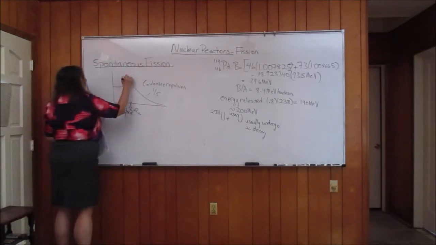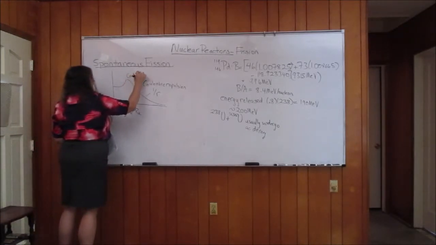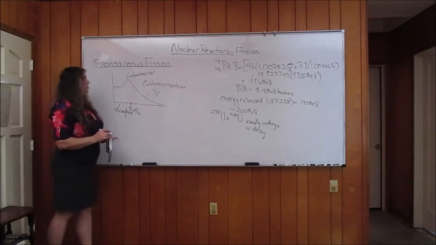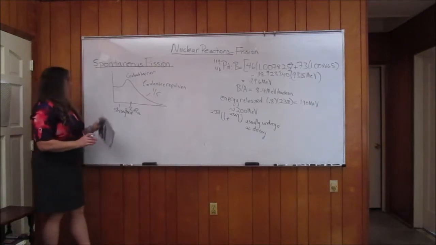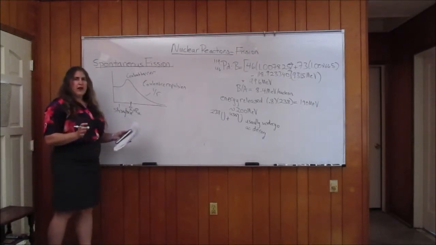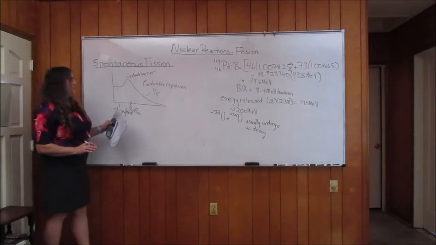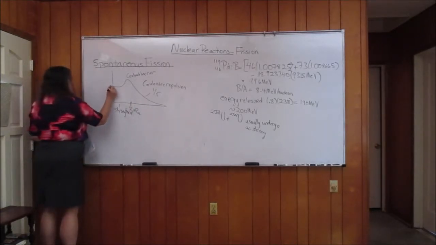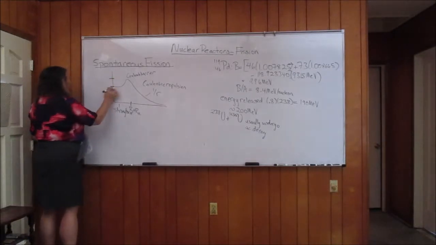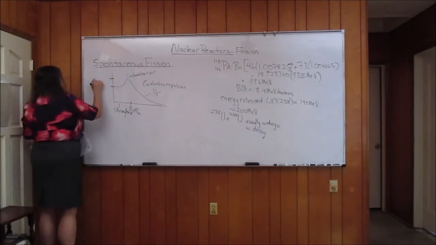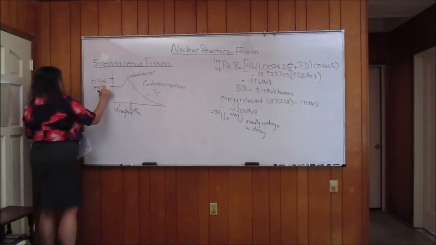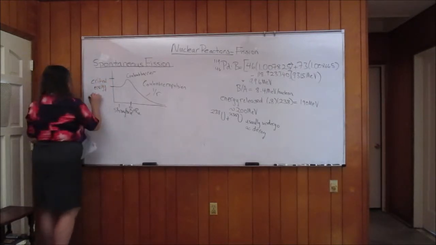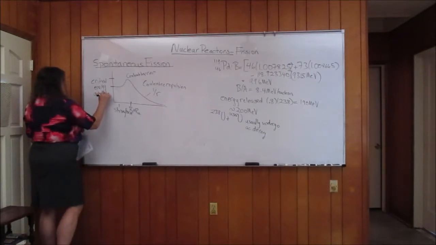There's going to be a Coulomb barrier that these nuclei, these fragments, would have to overcome in order to actually break apart. The difference between the bottom of this one and the top is called the critical energy, and some other authors use the term activation energy.